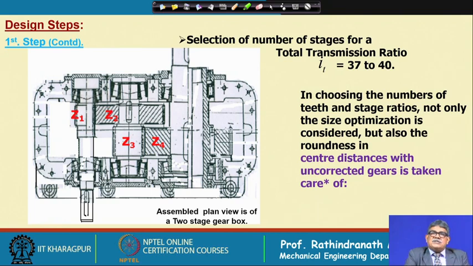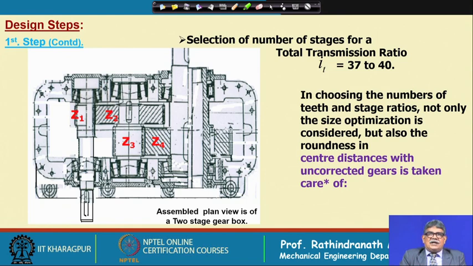Normally, I would say that when gearbox manufacturers who are manufacturing standard gearboxes sometimes offer the gearbox that is available with them, in that case the center distances are specified, the overall size of the gearbox is specified, and the center distance is usually a multiple of 5 millimeter.